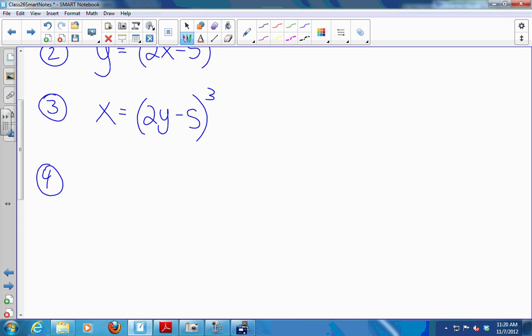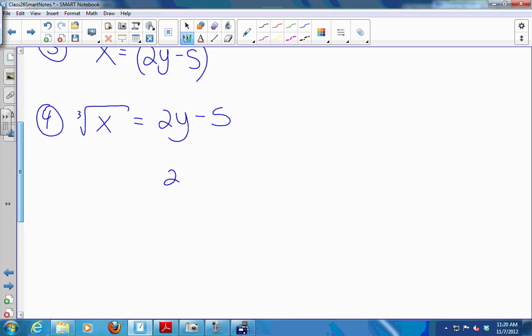So what should I do first to try to get y by itself in that equation? Cube root both sides. To undo this cube, I'm going to cube root. So I've got the cube root of x. The cube root of something cubed just cancels, and I have 2y minus 5. So what do I do now to try to solve for y? Add 5 to both sides. So I get 2y equals the cube root of x plus 5.